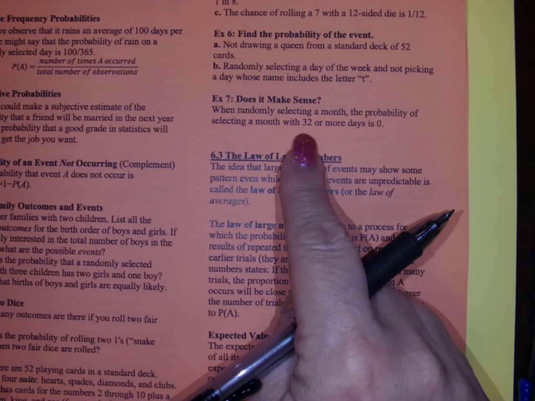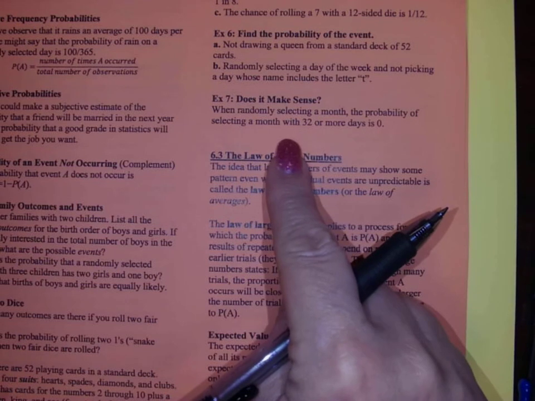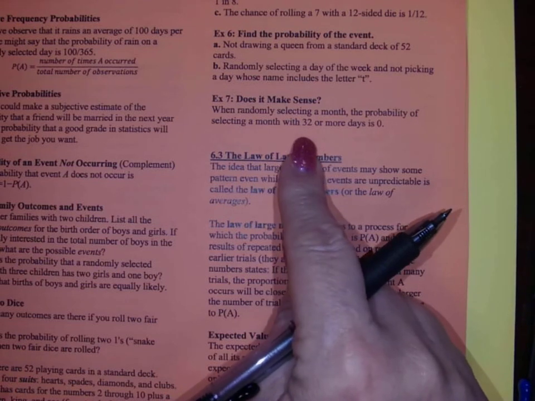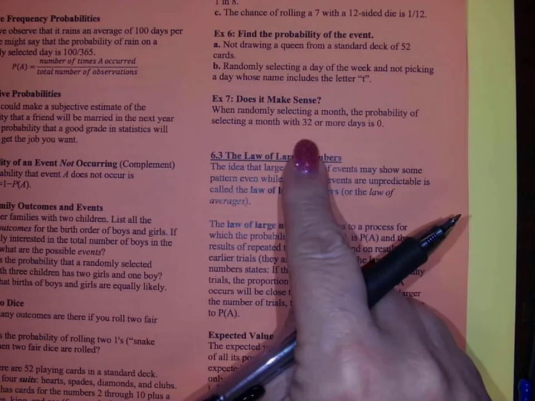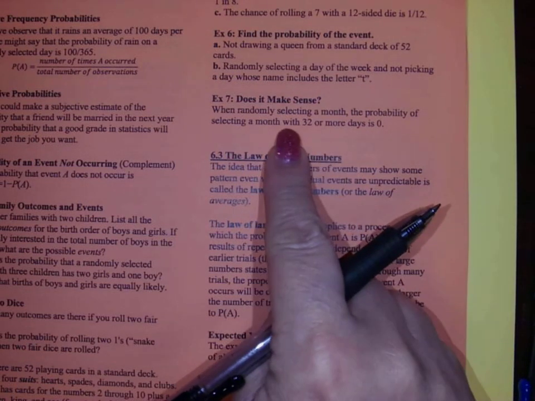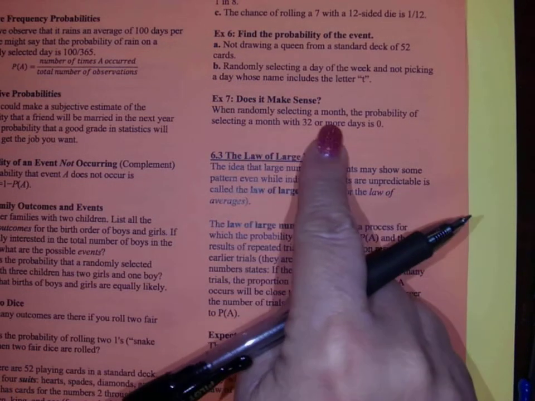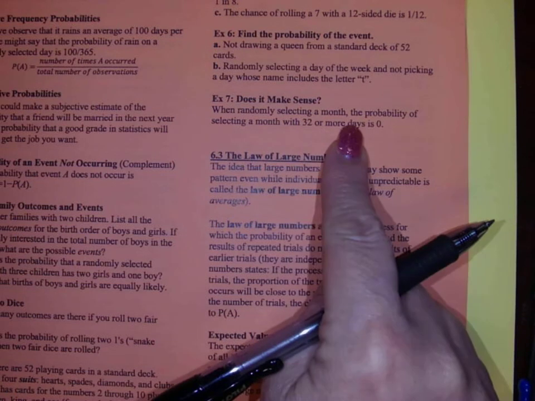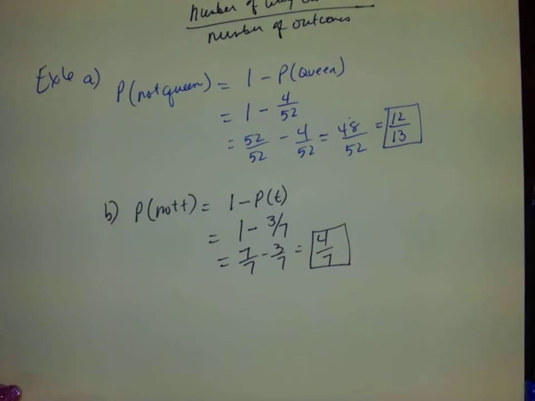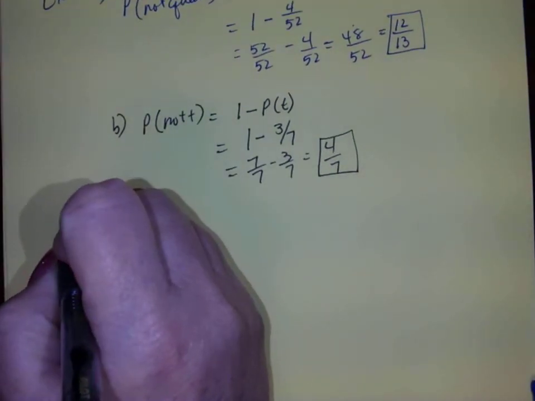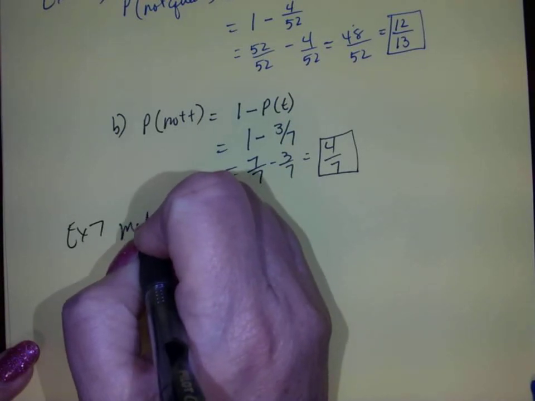Well, February has 28, unless it's a leap year, then it's 29. There are several months that have 30. There are several that have 31, but none of them have 32. So the probability of selecting a month with 32 or more days is going to be 0. There are no months with 32.